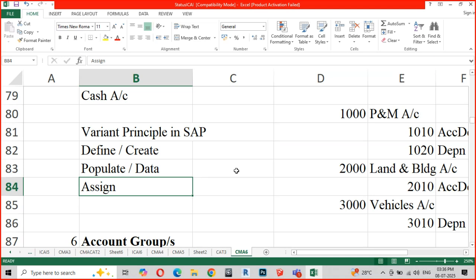Now, how does the SAP system know what is using what? Once you have created a company code, how does the SAP system know what set of general ledger accounts this particular company code should use? So you need to definitely set up a relationship between the company code and the chart of accounts, which is your assignment.